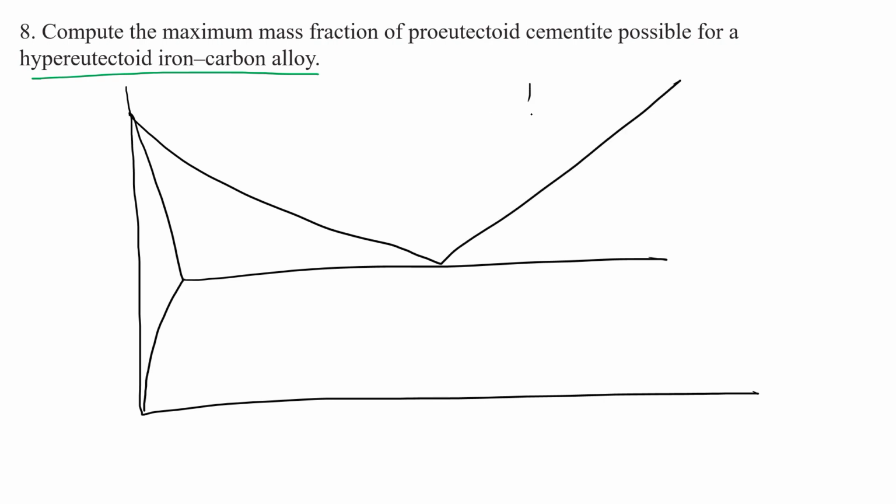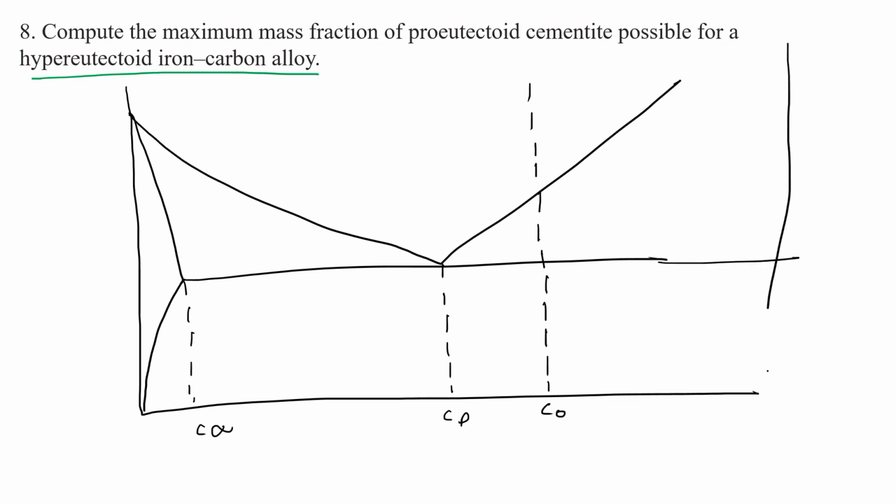So let's say we have a hypereutectoid composition of C0, and this is Cp corresponding to the pearlite composition, and this is C alpha, and of course the right side is Fe3C.